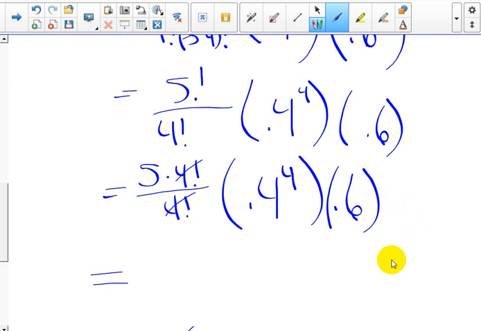And let's plug that in. So 0.4 to the fourth power. Remember, to do a power, you go 0.4 and the little rooftop sign to the fourth power.